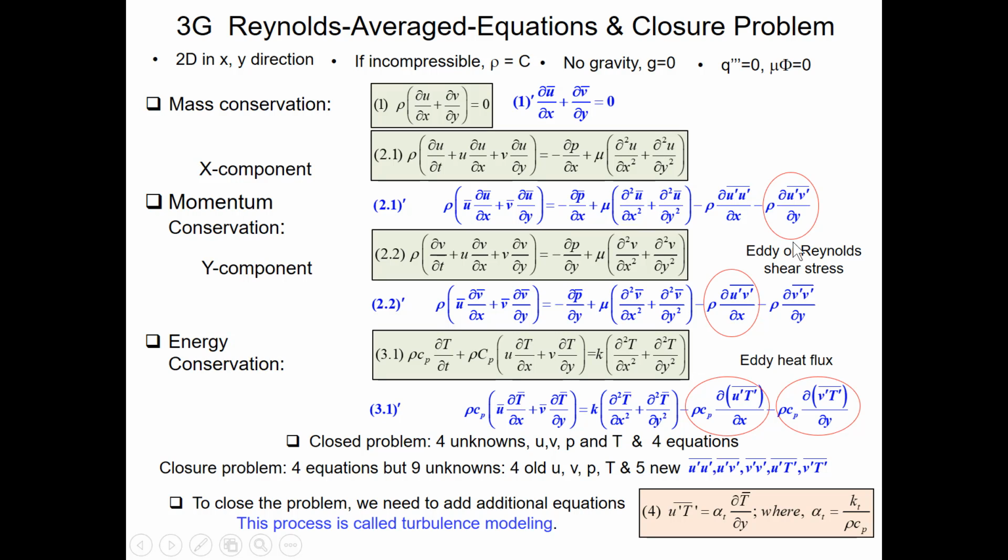Finally, the newly created variable after time averaging has a special name. It's called eddy or Reynolds stress, and this is called eddy heat flux. In the future, if you read research papers, you will run into them when the convection involves turbulent flow.